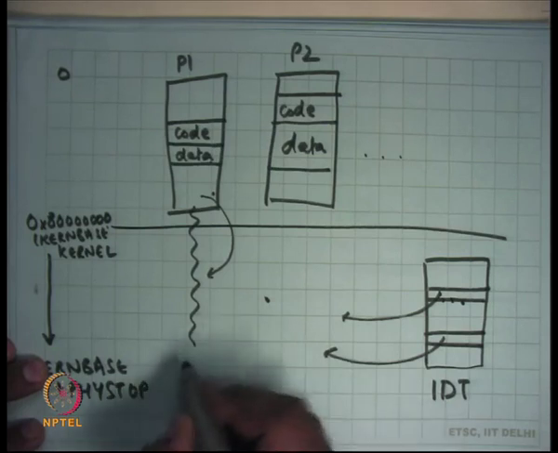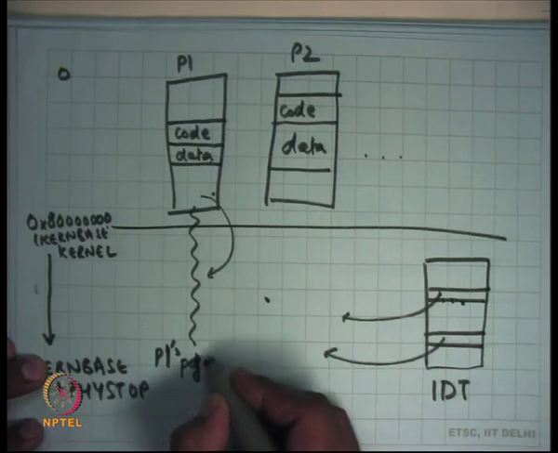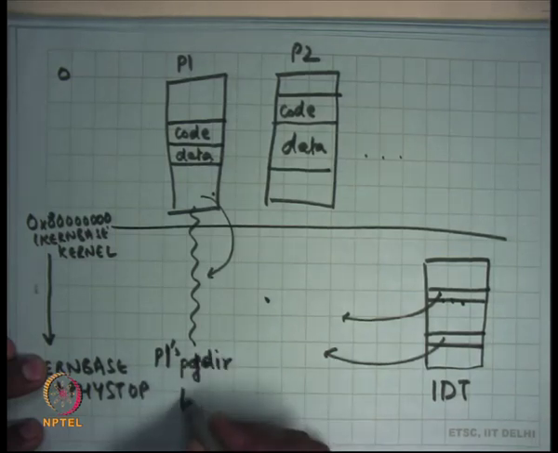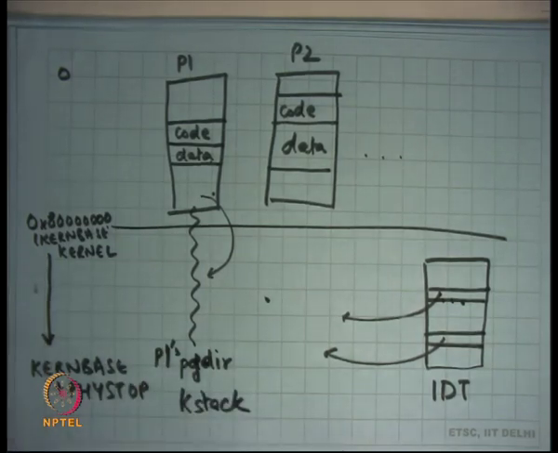Also, you're using P1's page directory, and you're using P1's kernel stack. Assuming it's a process model, each process has a different kernel stack, so you're running on P1's K stack, right? And how does the hardware load P1's K stack?